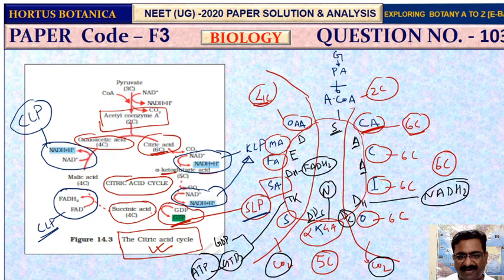Again, this is the fumarate, and this is the dehydrogenase between malic acid and oxaloacetic acid, and this dehydrogenase will again form NADH2. So thrice you are finding NADH2, once FADH2, once GTP. So GTP is the substrate level phosphorylation, and this was the question.